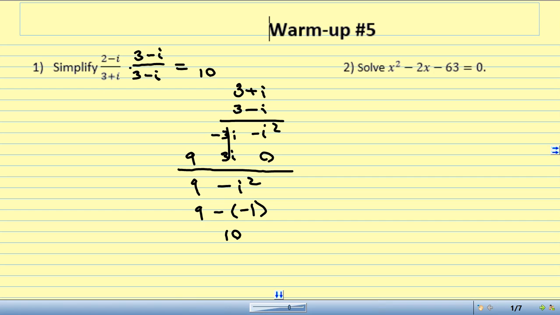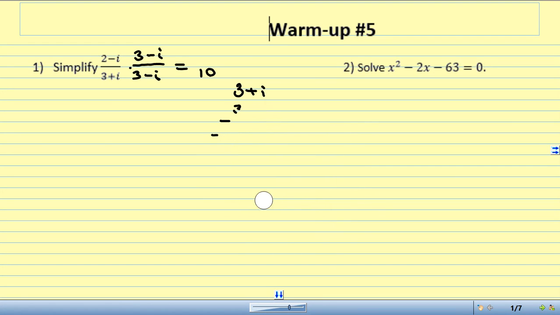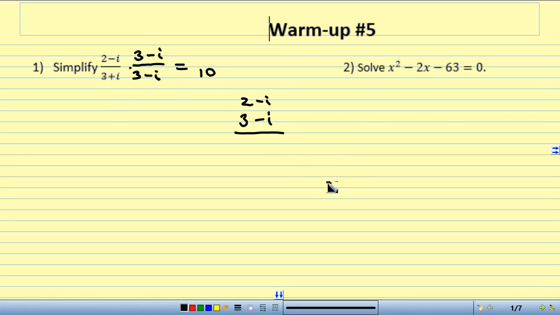Now we're going to multiply the tops. So you have 2 minus i times 3 minus i. That's going to be positive i squared. Negative i times 2, negative 2i. Placeholder, 3 times negative i, negative 3i.